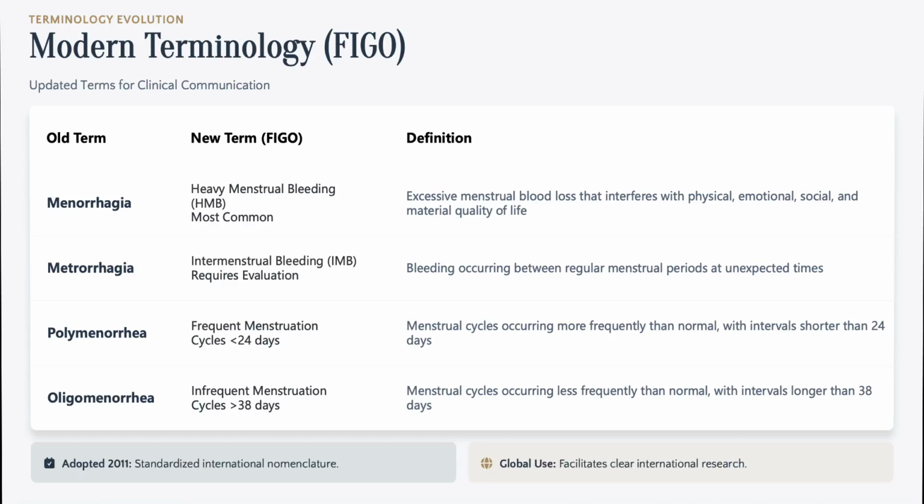This standardization facilitates clear communication in clinical practice and enables meaningful international research collaboration because you are using the same terminology.